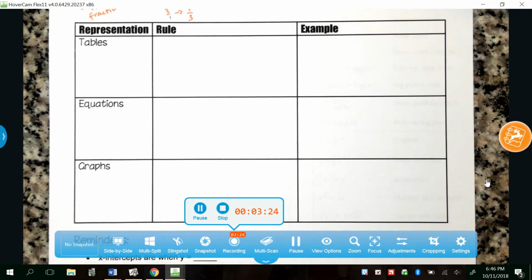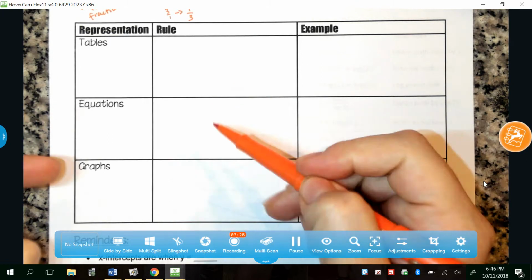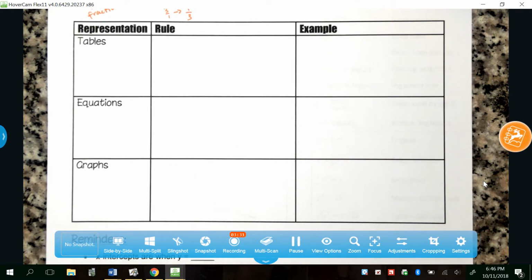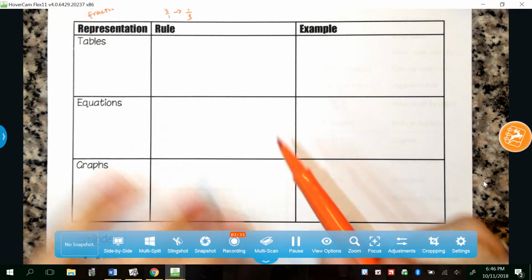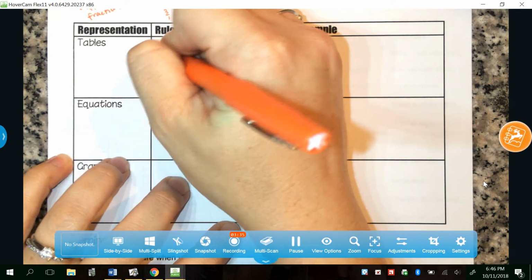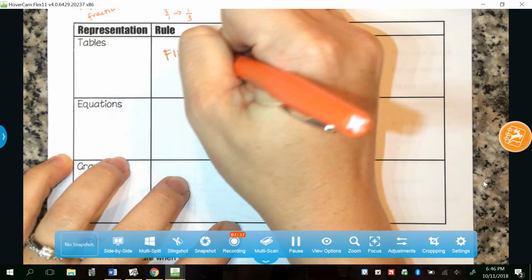Okay. So we're going to talk about how we find inverses in the 3 different representations. Using tables, the rule is you literally flip the x and the y.